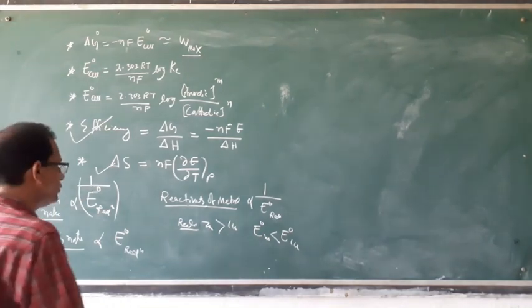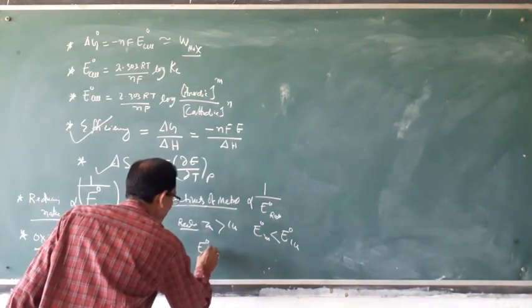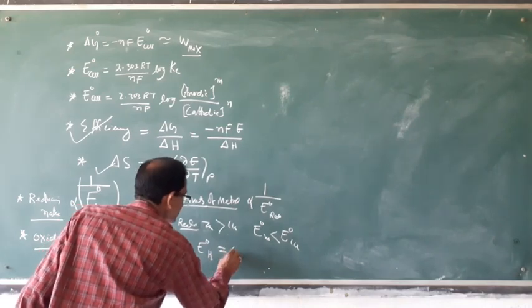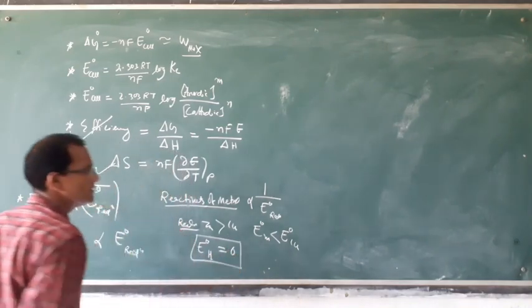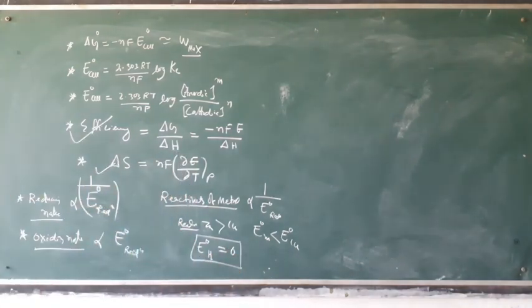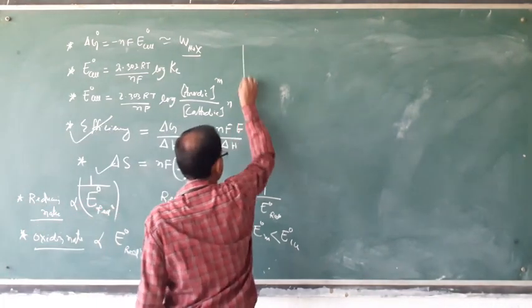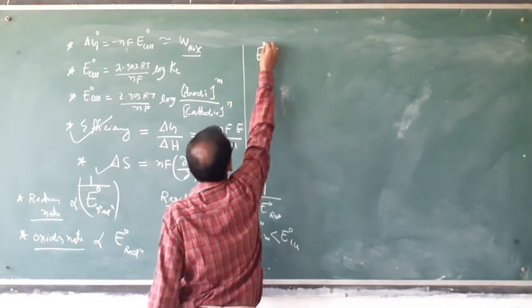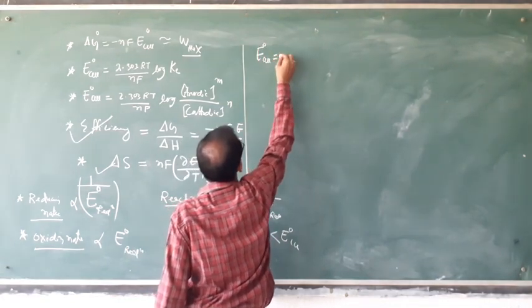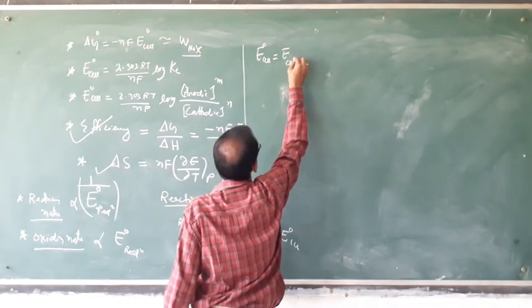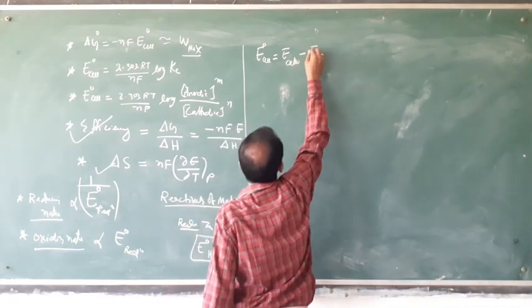And the E naught value of the hydrogen electrode is always taken as 0. This is the reference electrode, always taken as 0. And for any cell, E naught cell is equal to E cathode minus E anode.